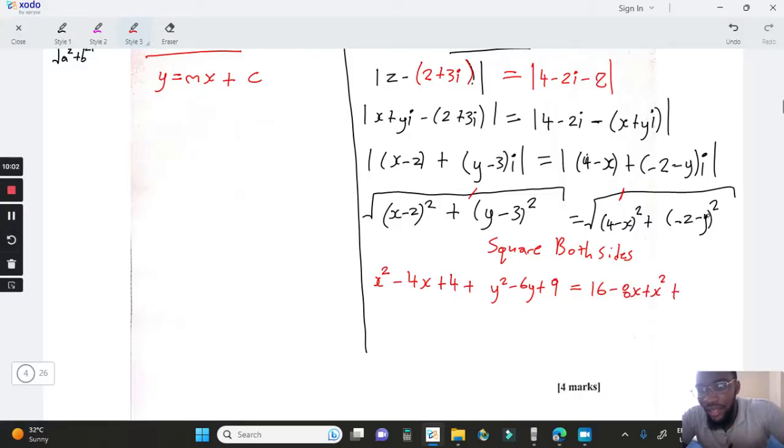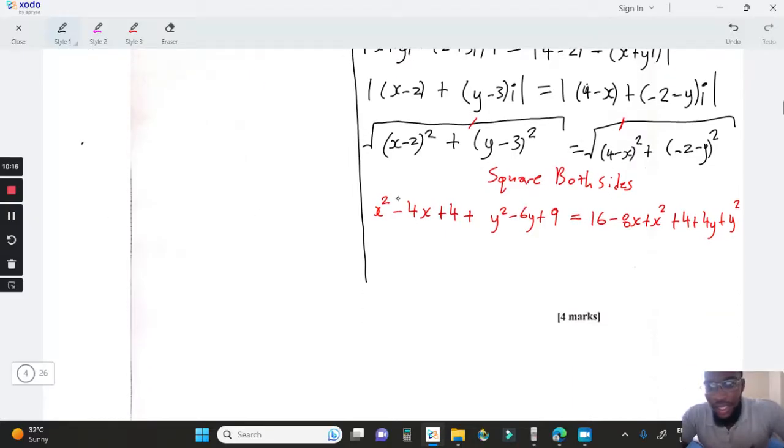Over here, negative times negative is positive, and negative y when you square it is y squared. Now we just need to simplify. This is basic algebra. The x squares cancel each other on both sides, and the y squares cancel each other on both sides.